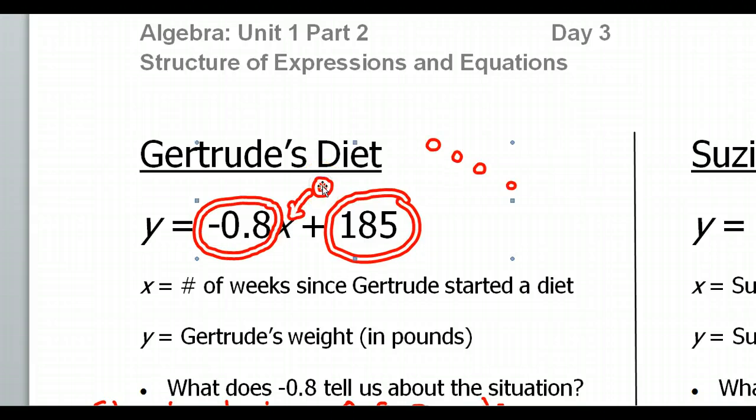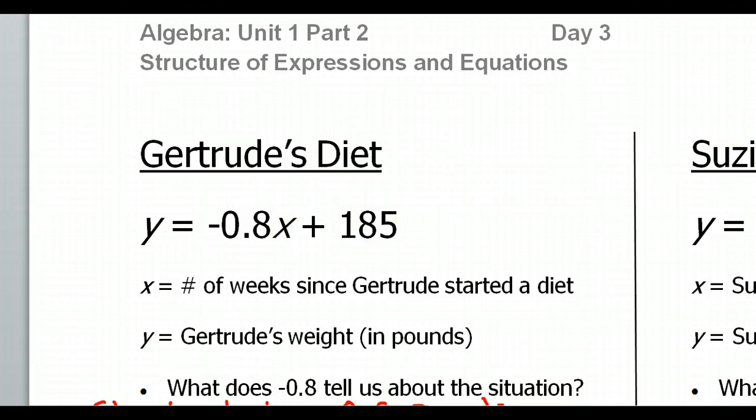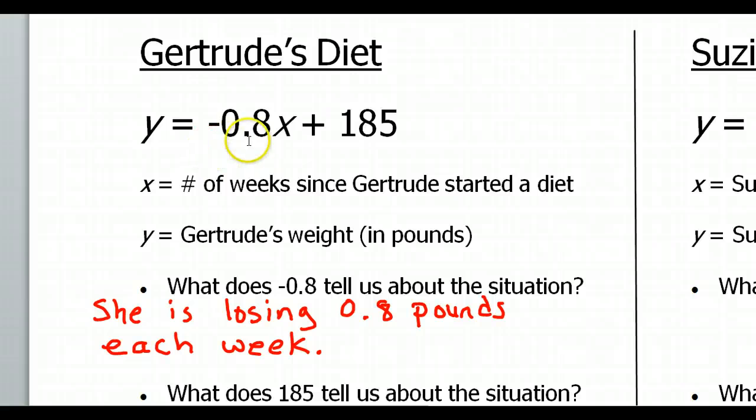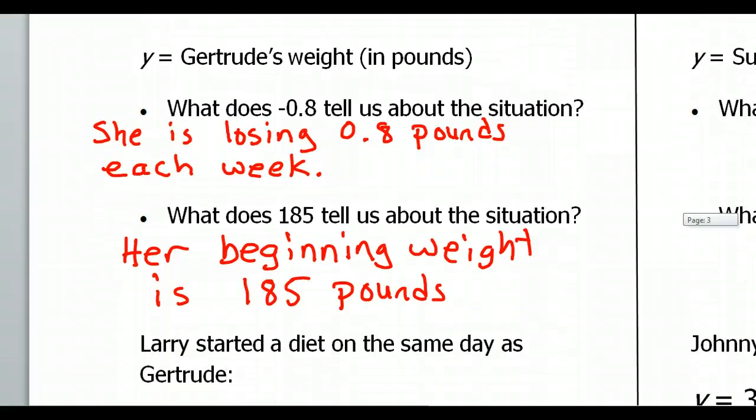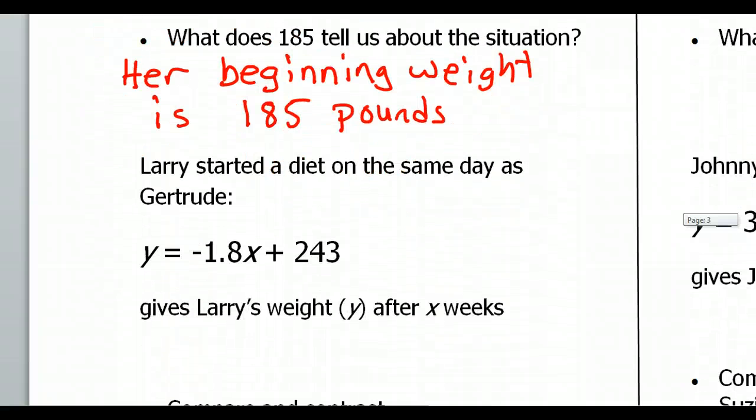Alright, let me get that back out of there. The number in the front tells us how many pounds she's losing every week, and this number at the end tells us her starting weight. This is going to be very similar to other problems, so really pay attention to that.